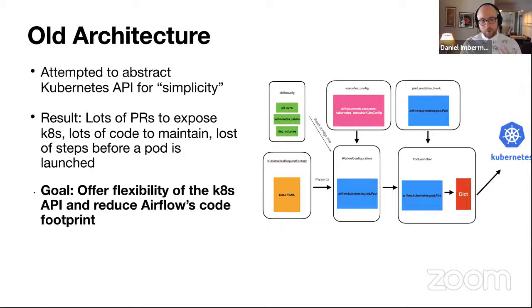What was really interesting is we got a lot of PRs saying, hey, I need this specific feature of the K8s API to do this specific job. And that just added more and more code. We wanted to essentially rewrite the Kubernetes executor in a way that offered the full flexibility of the K8s API, reduced Airflow's code footprint, but still made it so that the top level data engineer had to think as little about Kubernetes as possible.